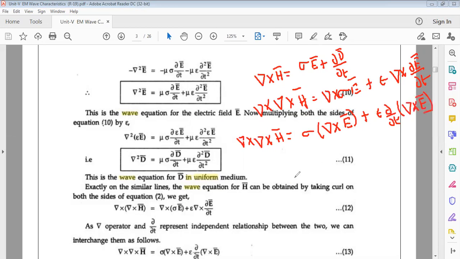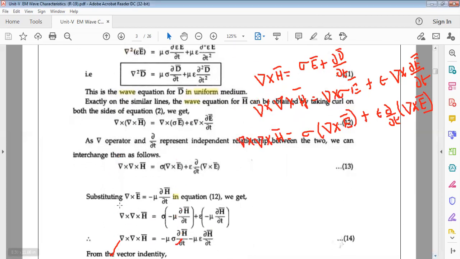Now you can see here, as the del operator and the dou by dou T represent an independent relationship between the two, we can interchange as follows. Del cross H bar is equal to sigma into del cross E bar plus epsilon into dou by dou T of del cross E bar.